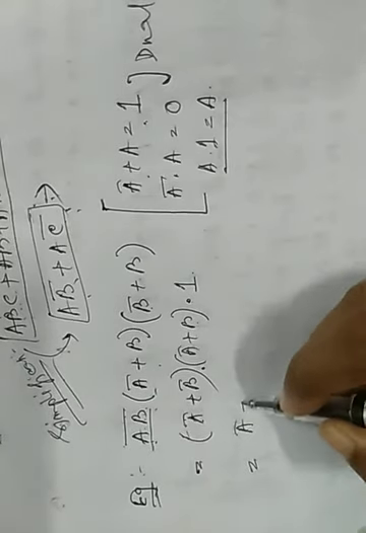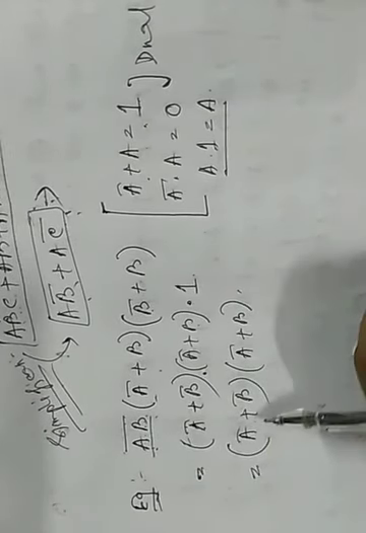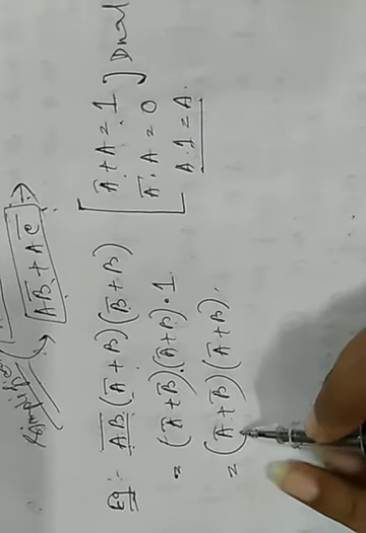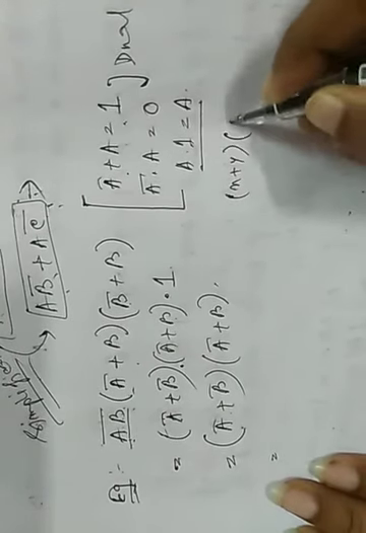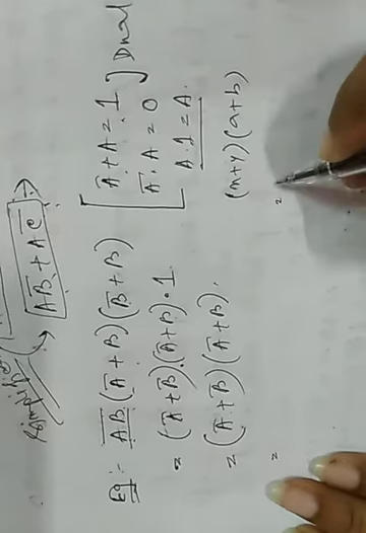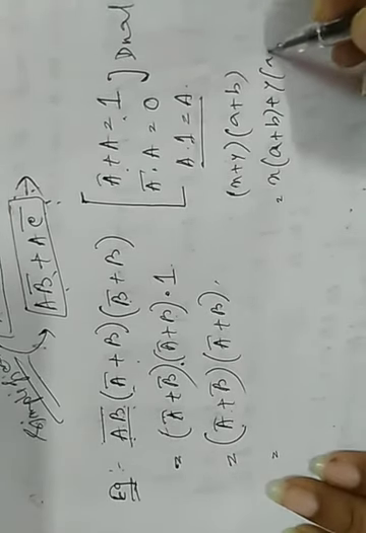So here what is left is a bar plus b bar dot a bar plus b. Now we simply do the multiplication. Multiplication means this: suppose x plus y times a plus b, so we multiply this way, xa plus xb plus ya plus yb.